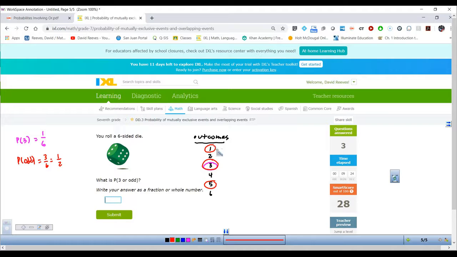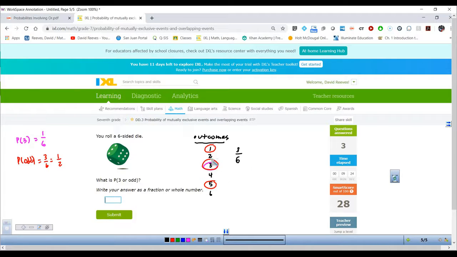Well, what do you notice when you look at this list? The number 3 is circled twice. That means that this is overlapping, or not mutually exclusive, right? So again, I think the easiest thing to do in this situation is just to count. How many are circled? How many are winners? 3 are winners out of 6, right?